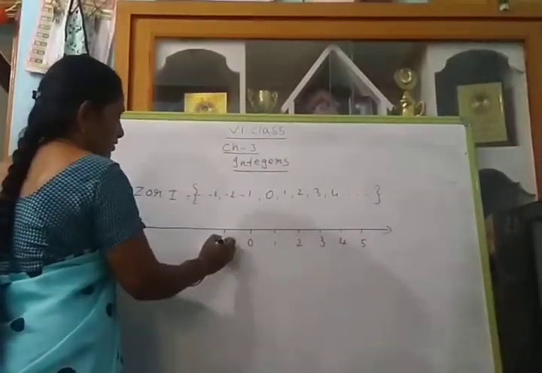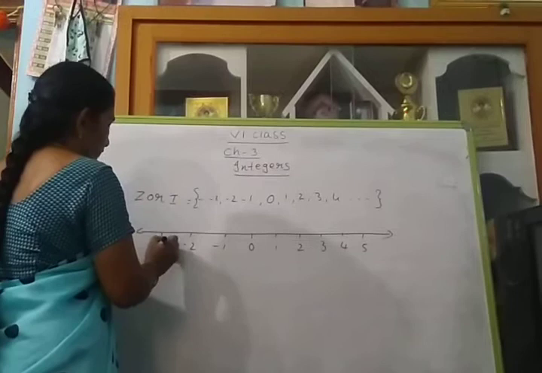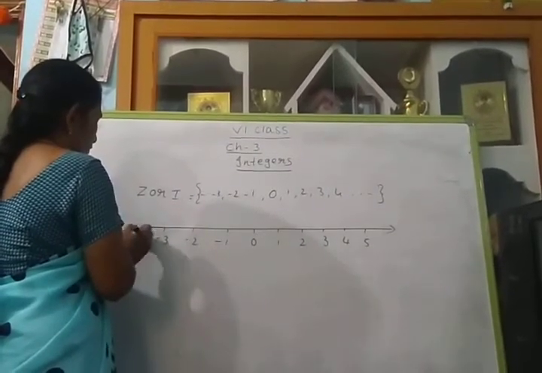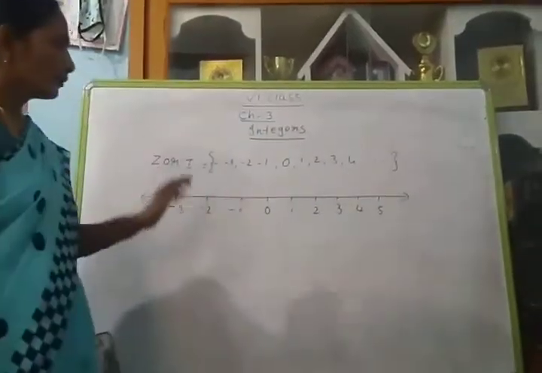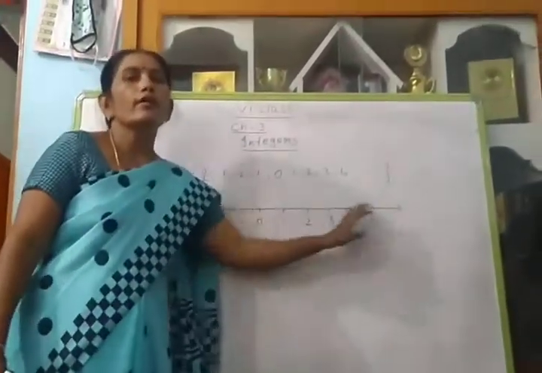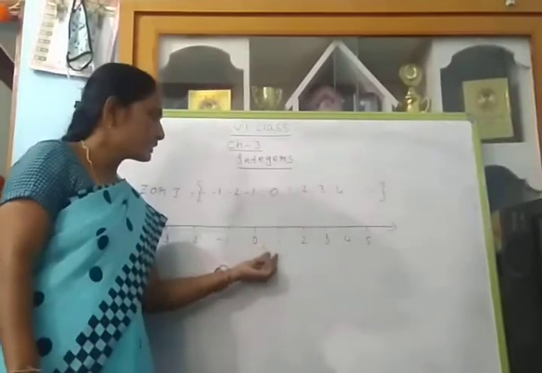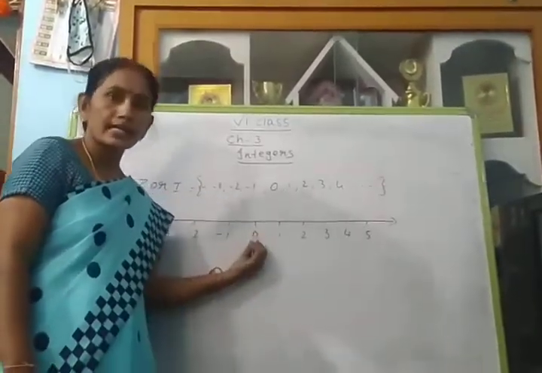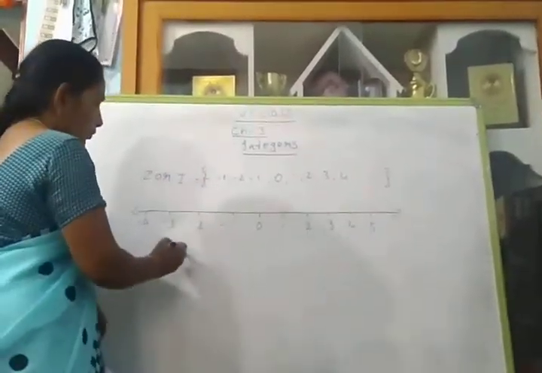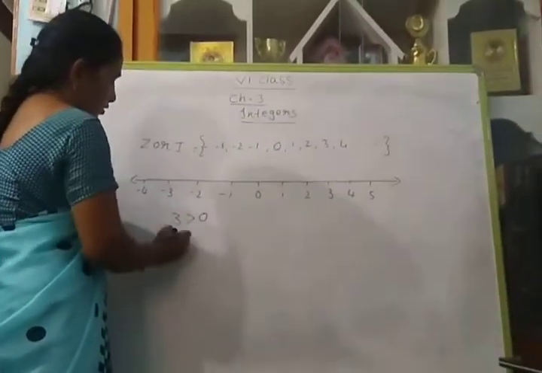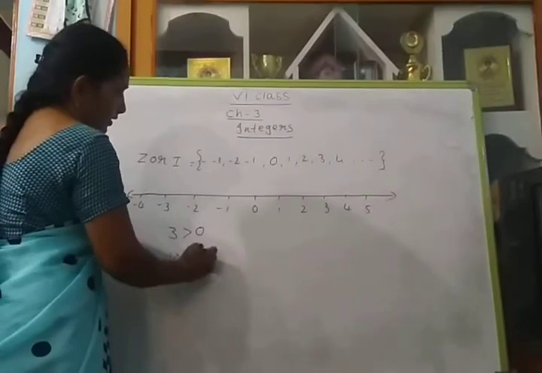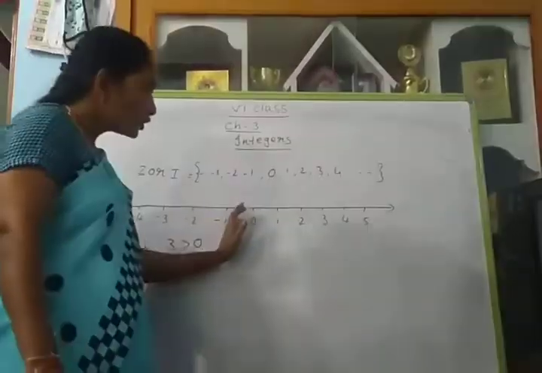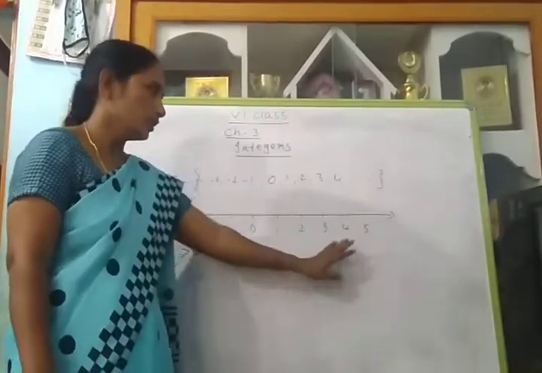So 0 is on the left side of positive numbers, so 0 is less than positive numbers, which means all positives are greater than 0. For example, 3 is greater than 0, 10 is greater than 0.